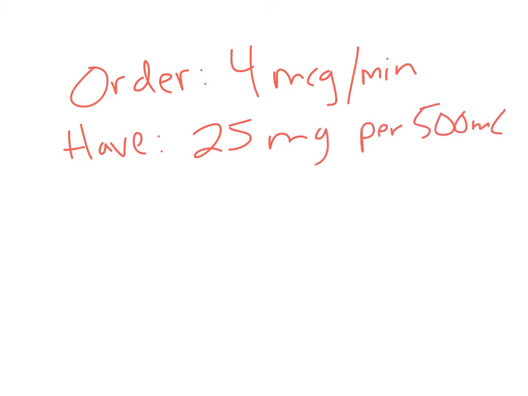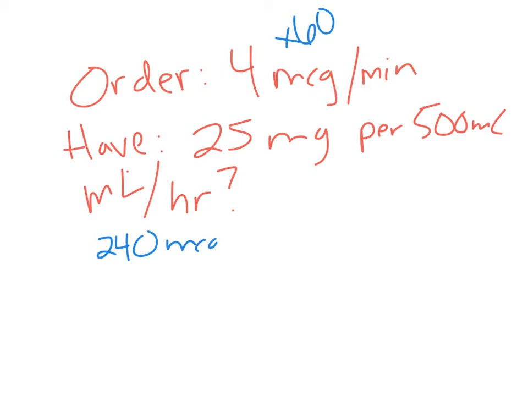So this one might end up with a bigger number here. Okay, so once again, we're being asked, how do I get it to milliliters per hour? So thinking of what we have up there, what's been ordered, 4 micrograms per minute. Well, 4 micrograms in a minute means 60 times that in an hour. So 4 times 60 is going to give me 240 micrograms every hour.